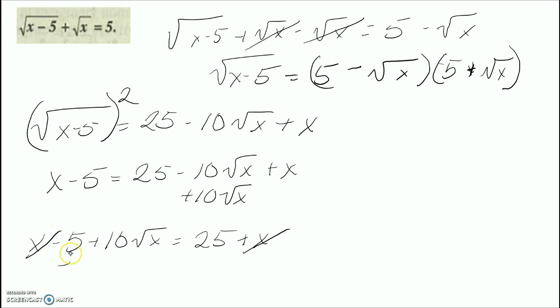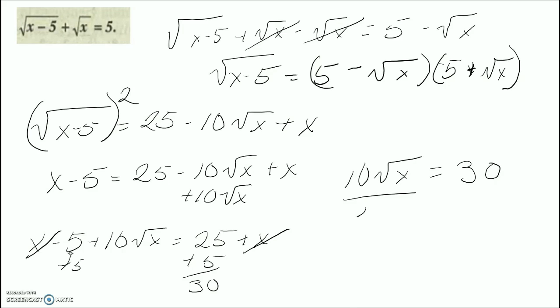Then I'm going to add 5 to both sides, making this 30. So now my equation is 10 square root of x equals 30. From here it's really easy. I'm just going to divide both sides by 10. So this cancels out, and now the square root of x equals 3, since 10 goes into 30 three times.